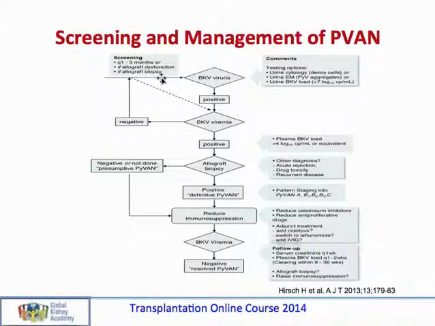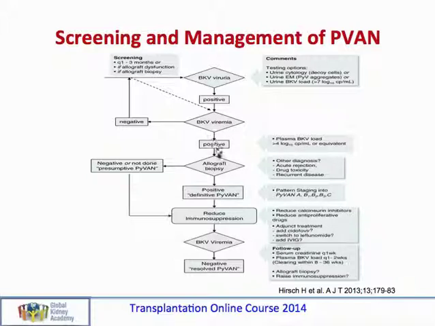You can look for it in the urine using EM, or using urine cytology if you've got somebody who can identify decoy cells, but most people look at BK load, so do PCR in the urine. If the urine is positive, you then look for it in the blood. If the blood is negative, then you're pretty sure they haven't got BK virus.